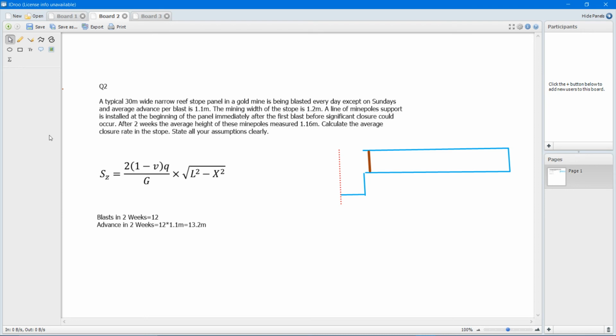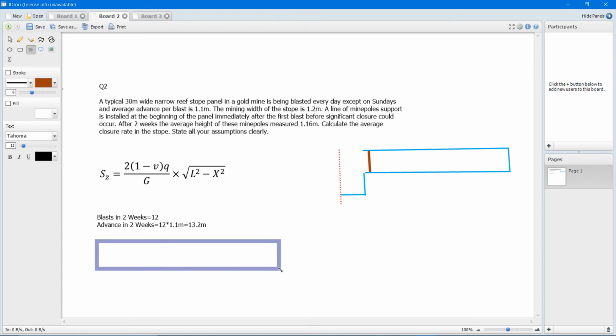So the second thing we could then do is to simply look at how much convergence has happened without necessarily using the formula, because we know the initial mining width of the stope was 1.2, and after 2 weeks, is measured at 1.16.